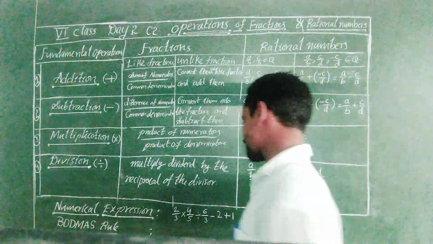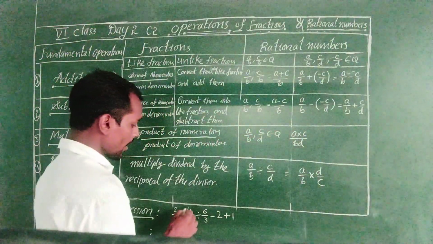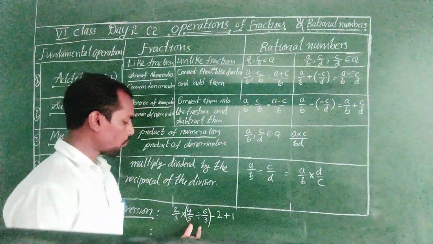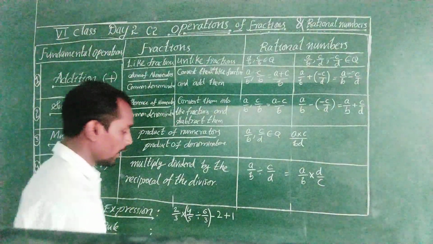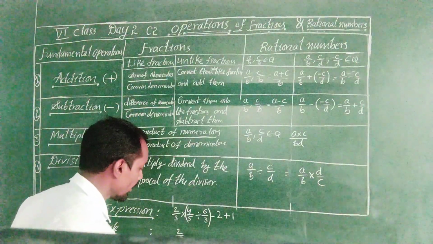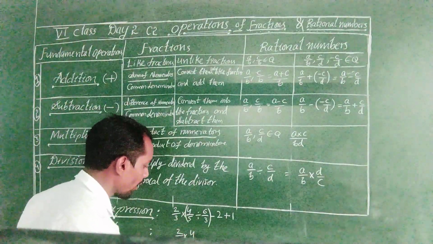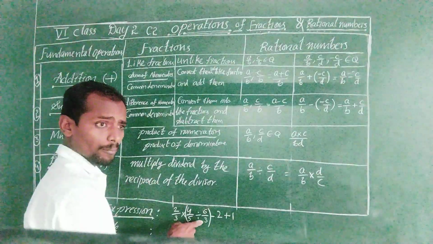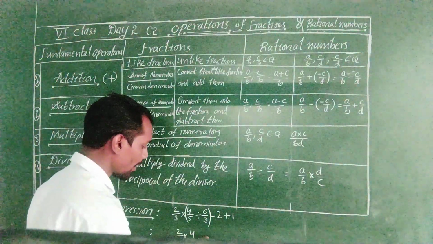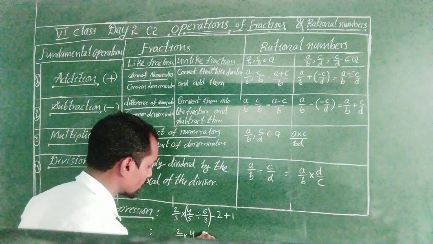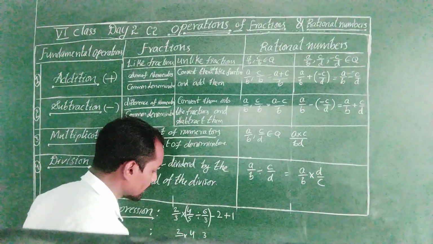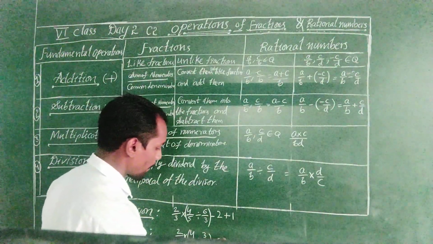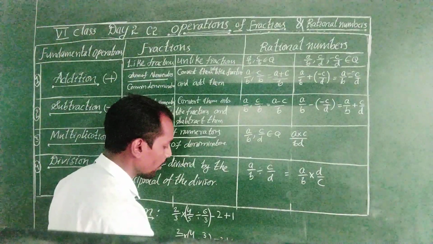Here, if I put a bracket here, you have to do this one first. Let us solve 2 by 3 into 4 by 5. Now for division of two rational numbers you have to multiply with the reciprocal of the divisor. Now 3 by 6 minus 2 plus 1.